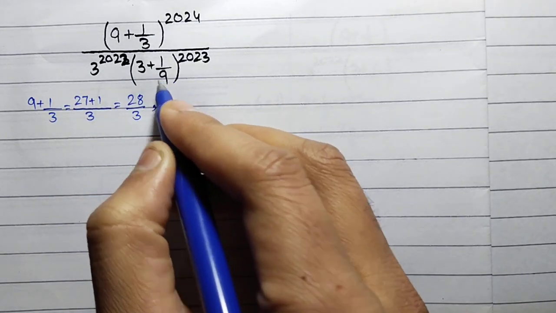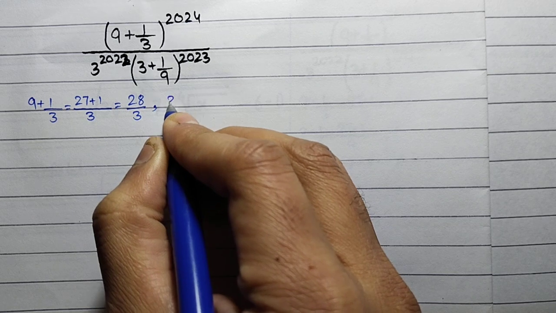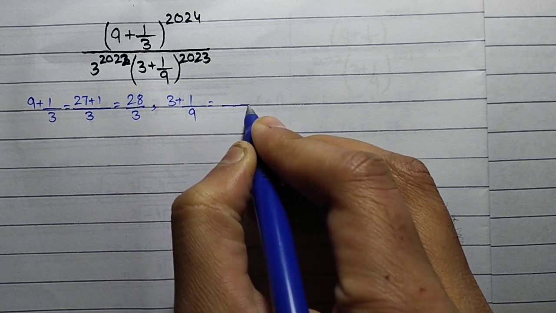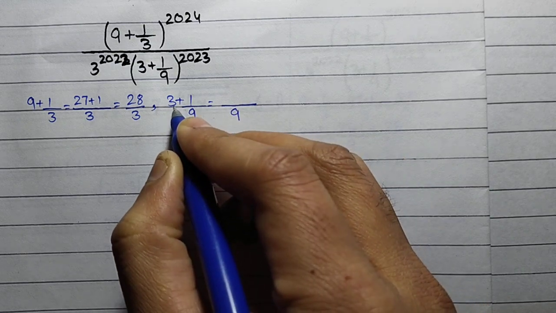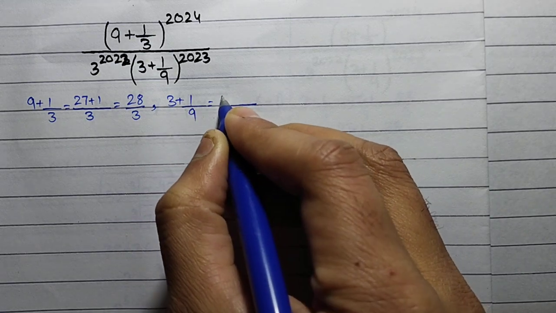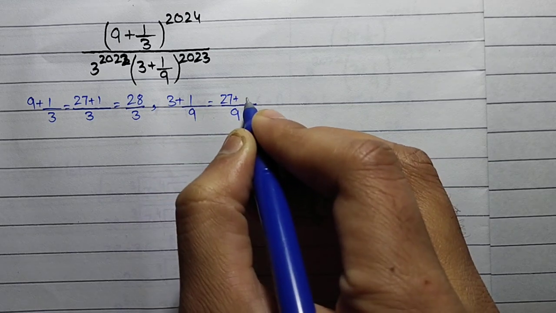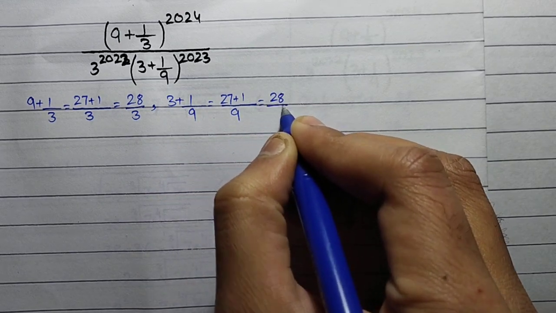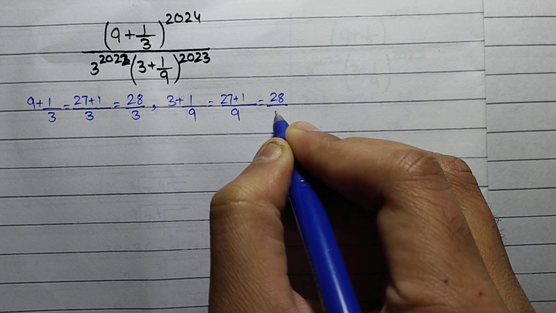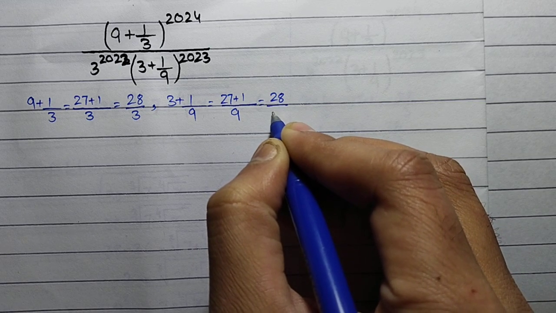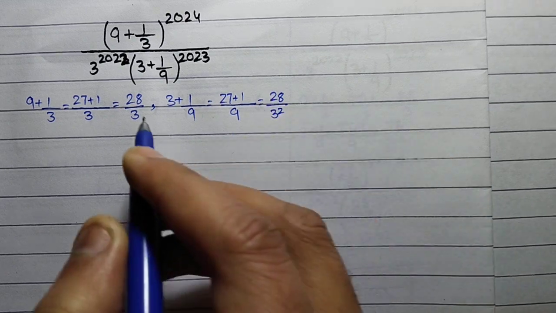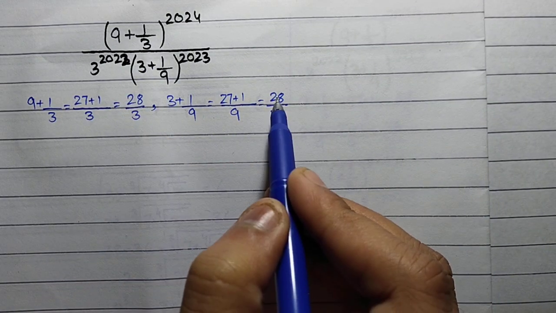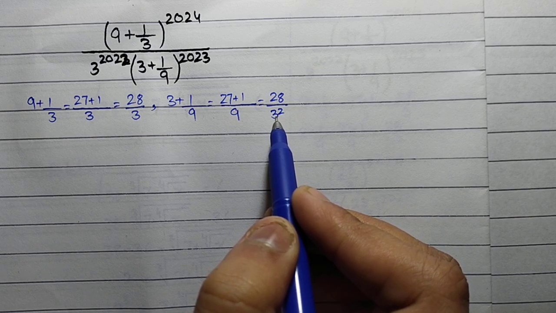Now I will solve this fraction. 3 plus 1 over 9, it is equal to 9 as the LCM, and 3 9s are 27 plus 1 1s are 1, it is equal to 28 over 9. But I will write this 9 as 3 square because I want to keep this question simple. This is 28 over 3 and this is 28 over 3 square.